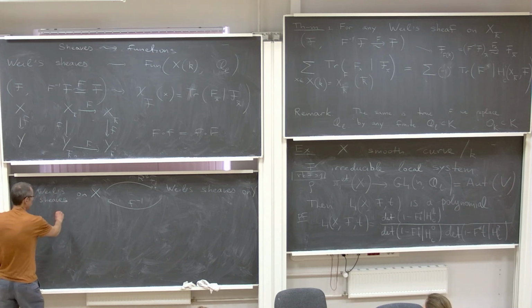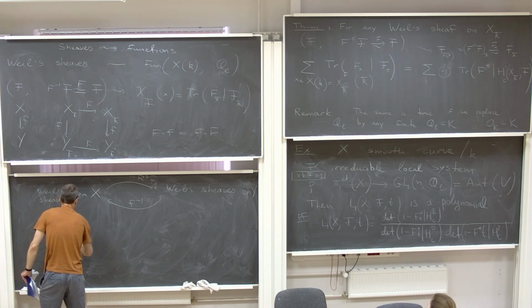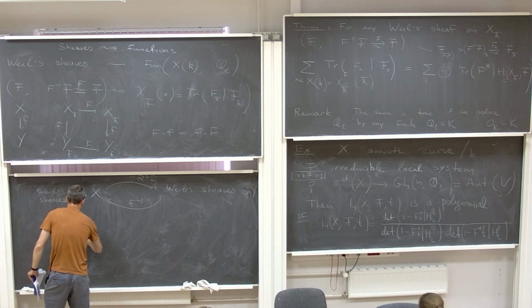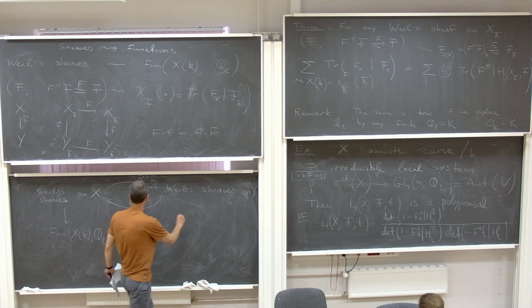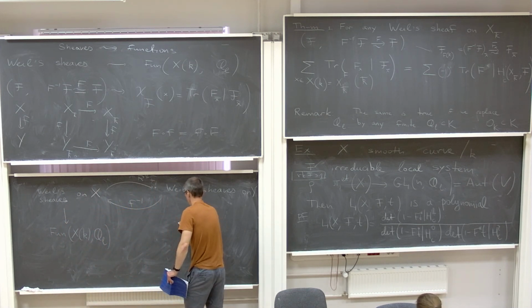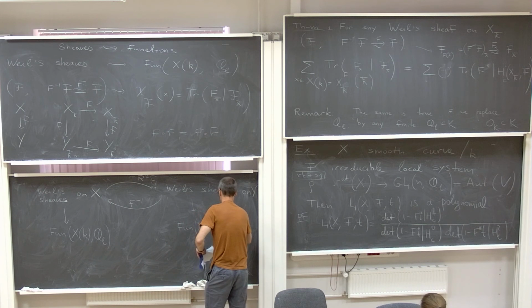Now, here I have this map to functions with values in Q_l bar, and functions on Y with values in Q_l bar.